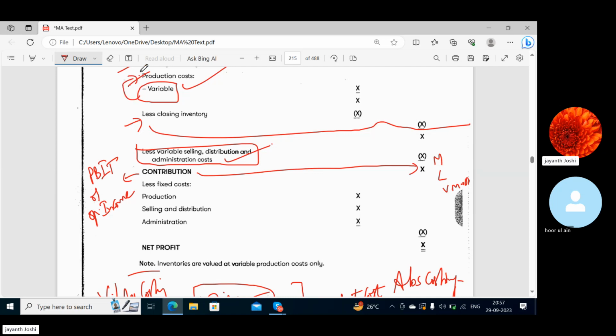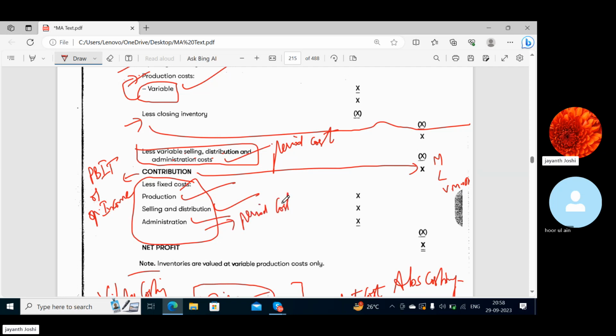Then fixed manufacturing overheads, variable selling and administrative expenses, fixed selling and administrative expenses. So variable administrative and selling expenses are also period cost. And fixed costs, whether manufacturing overhead, selling and distribution overhead, or anything else, will also be taken as period cost.